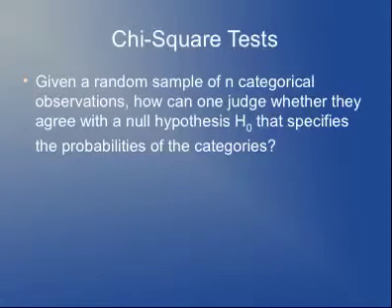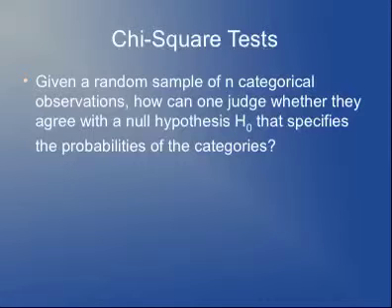Far and away the most common method for doing this type of analysis is what's called the chi-square test. Later on today we'll discuss a couple alternatives to chi-square tests, but this is still the one that gets used about 90-95% of the time.